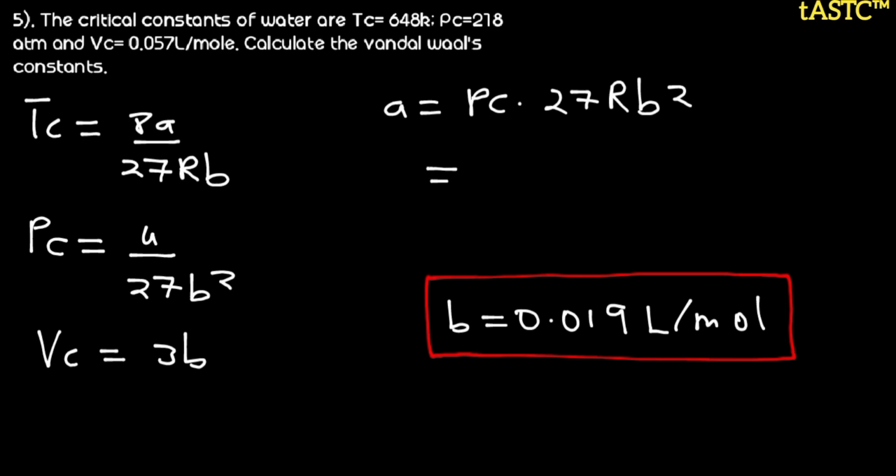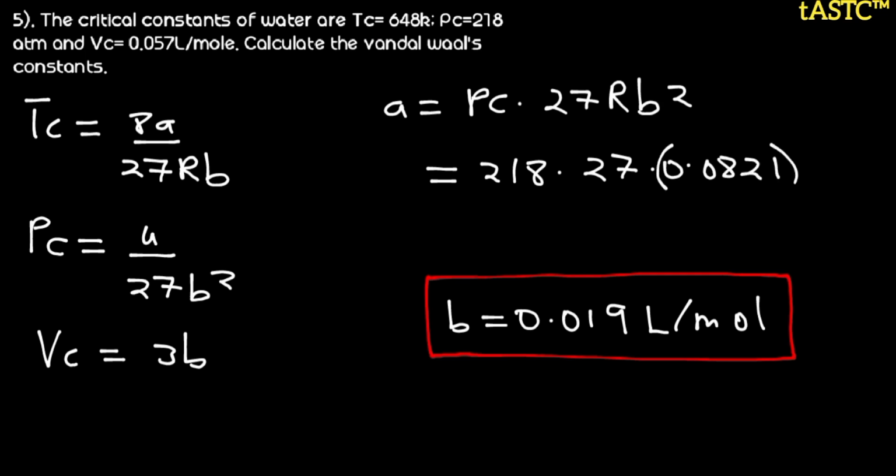So here we're going to have Pc, and that is 218, multiplied by 27, and we have R. Now what is going to be the R? We know that the units which we are actually using here are atm, liter, mole, as well as Kelvin. So those units are actually going to determine which type of R value we're going to use. So in this case, that is going to be 0.0821.